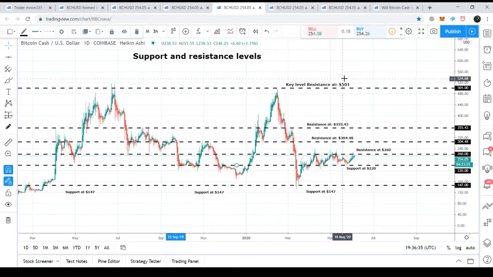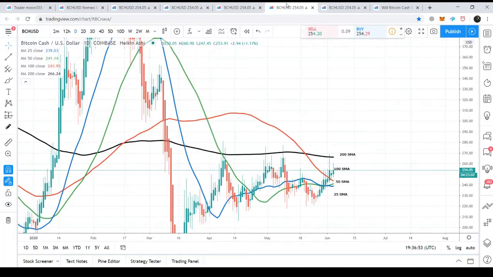Once it is broken out, then the price action can very soon reach the previous highest price ever in the history of Bitcoin Cash, and it can make another attempt to break out the previous highest price that was around $4,500.